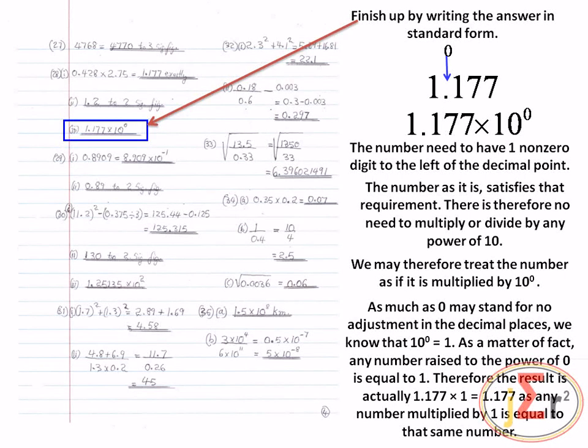As a matter of fact, any number raised to the power of 0 is equal to 1. Therefore, 1 multiplied by this number will be equal to that same number.